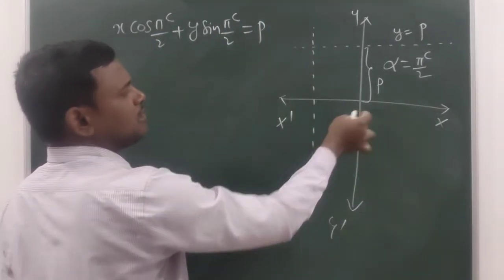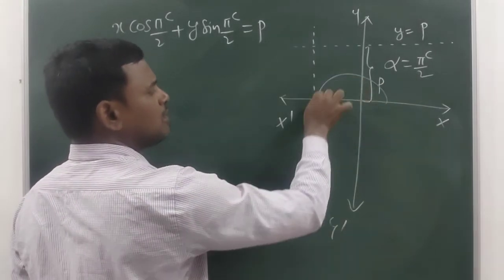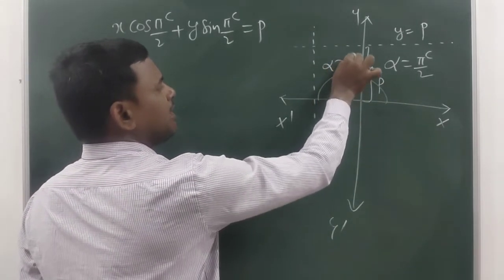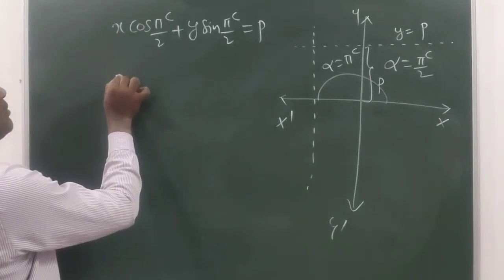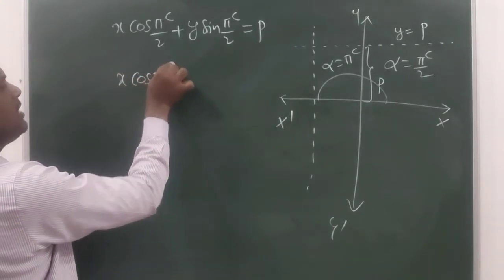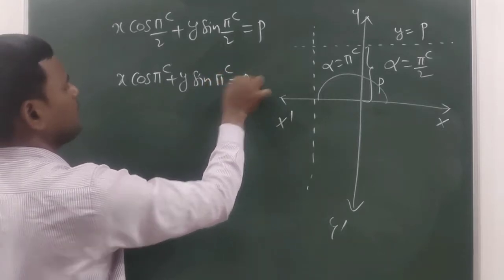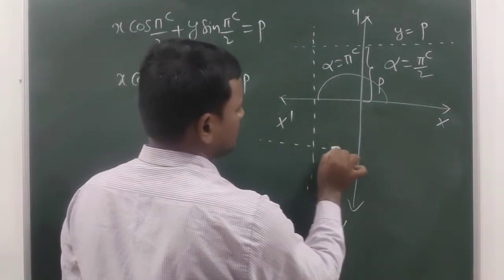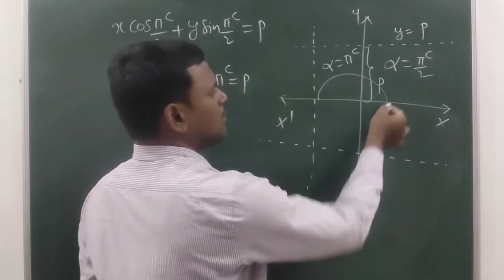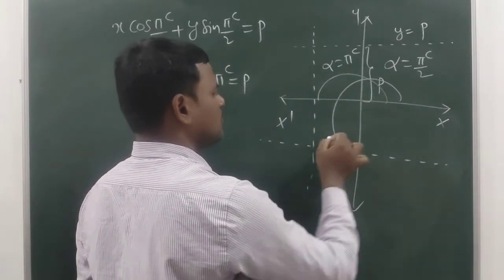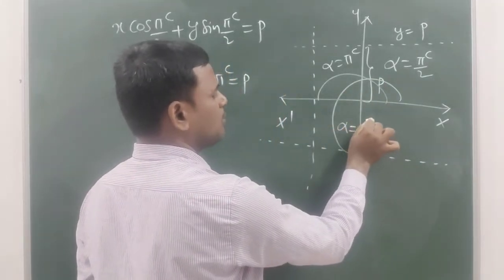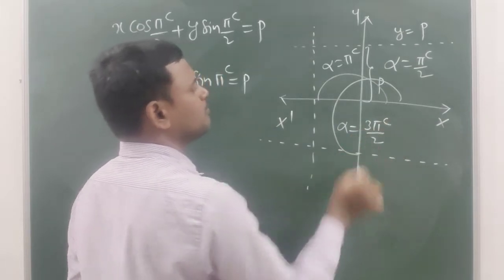And for this, your alpha is pi radians. So x cos pi plus y sin pi, which is equal to p. And for this, your angle of rotation is 270 degrees, alpha equal to 3 pi by 2 radians.